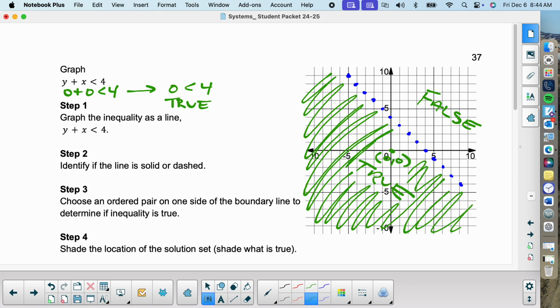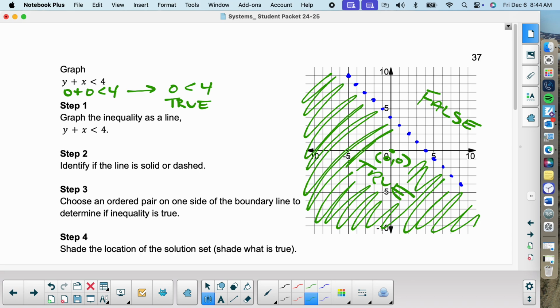You didn't have to solve anything. So you found out the intercept was 4 on both of them right away. It's a dotted line because it's a regular less than symbol. So I just drew a bunch of points to make it dotted. And then (0, 0) was true. Once you get the hang of it, they go very fast.